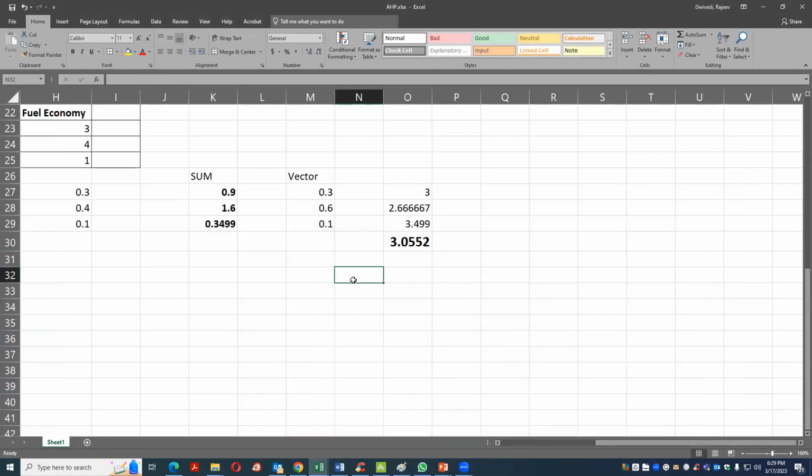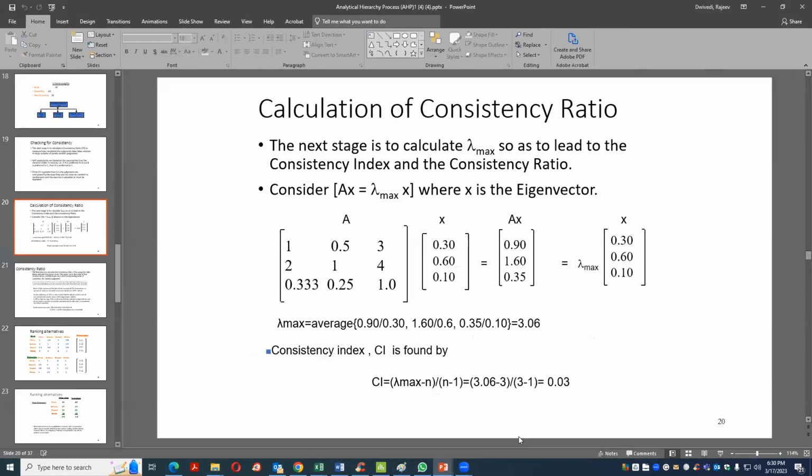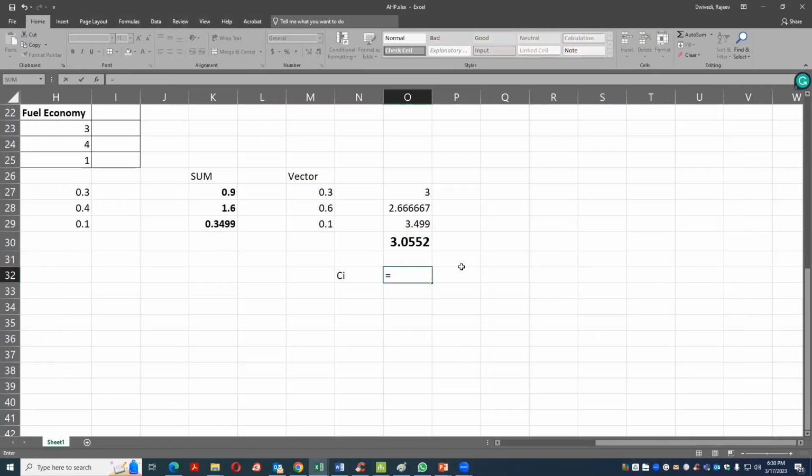So CI equal to lambda max minus n, so this minus 3 divided by 3 minus 1. Oh, something is wrong.